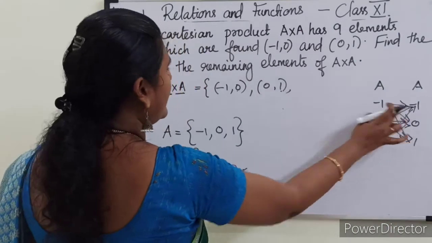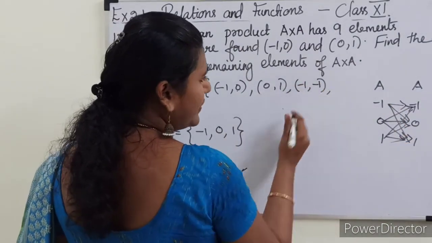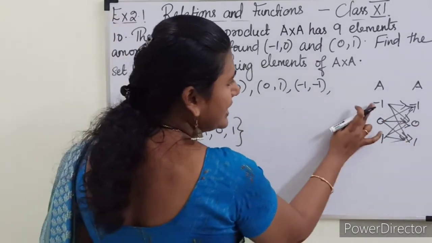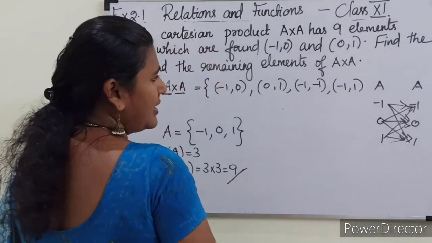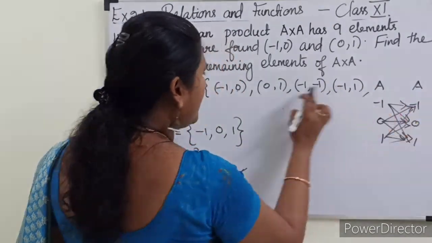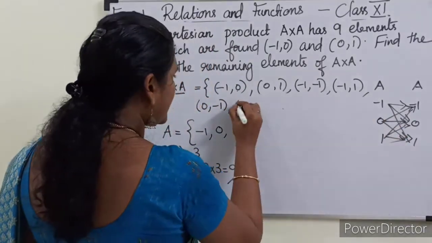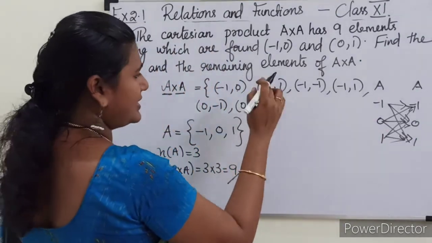So (-1, -1). We don't have that element, so we will write (-1, -1). Then (-1, 0), that is already given in the question. Then (-1, 1), that also we will write. Then (0, -1), (0, 0), and (0, 1), that is already given in the question.